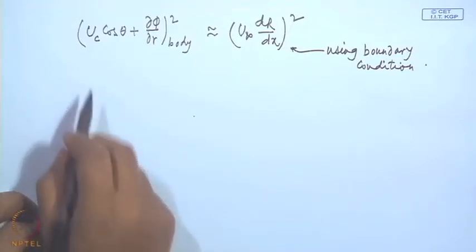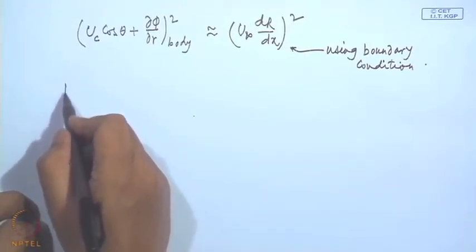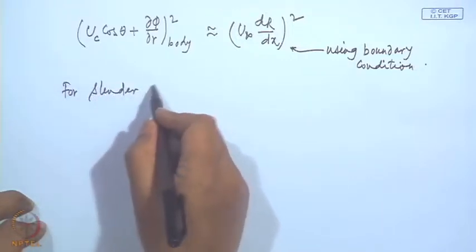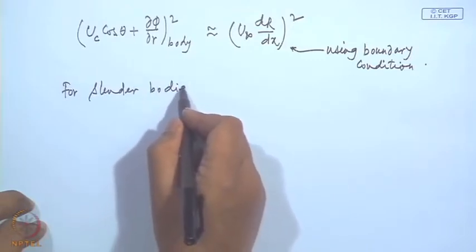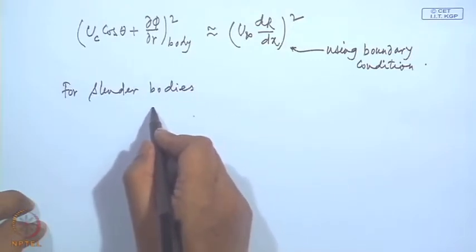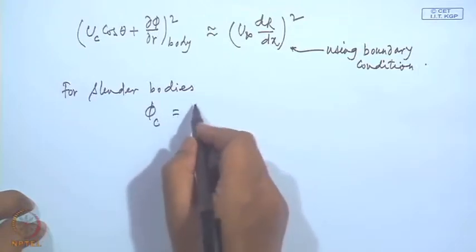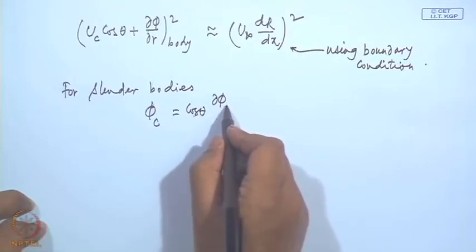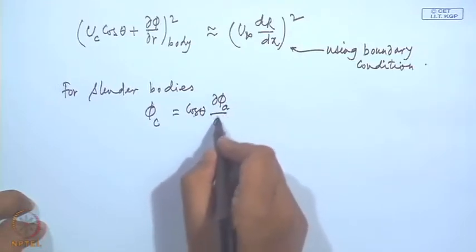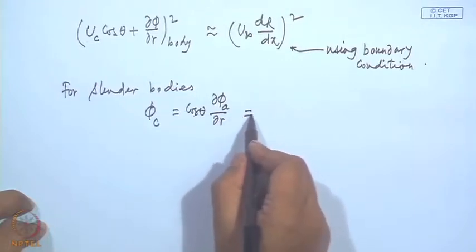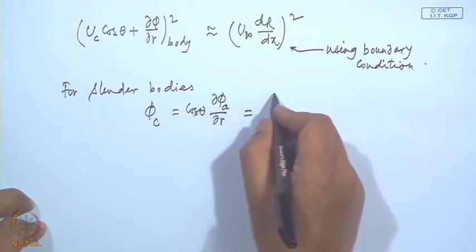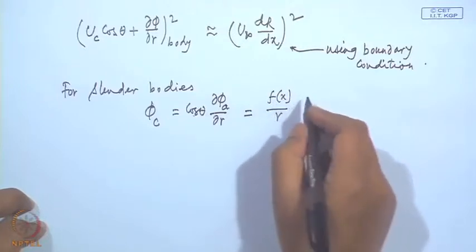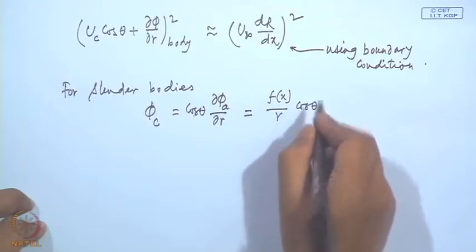Now, we have already seen that for slender bodies, this phi c, which is cos theta d phi a dr, for general slender bodies we have seen is given by f x by r cos theta.